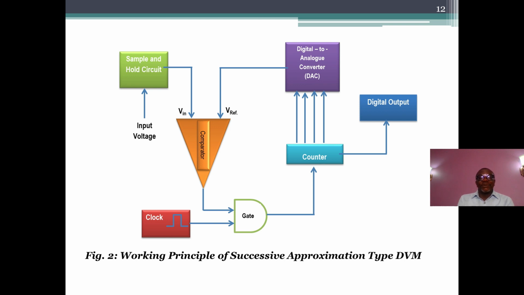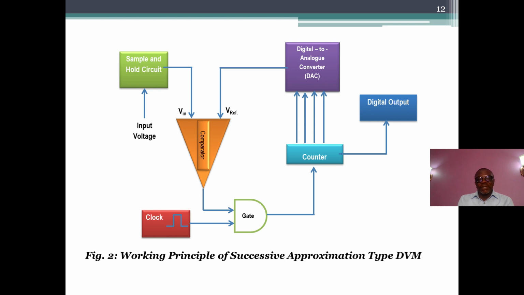Automatically the comparator gives an output, because it looks at the two inputs, and if Vin is more than the Vref, it gives an output. Because at this point Vref is at 0 level, what is coming in at Vin is automatically higher. So it gives an output.